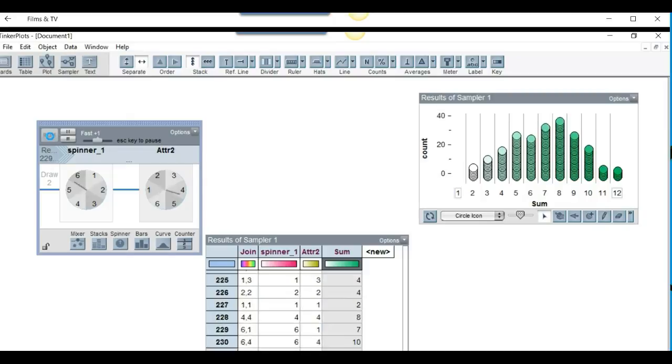It's basically histograms, or depending on the situation, if it is discrete data, it could be a bar graph.